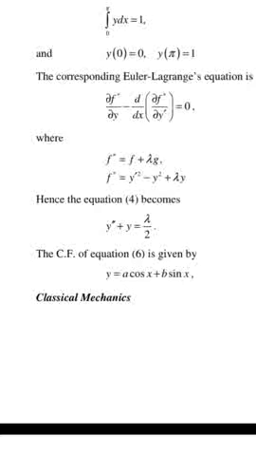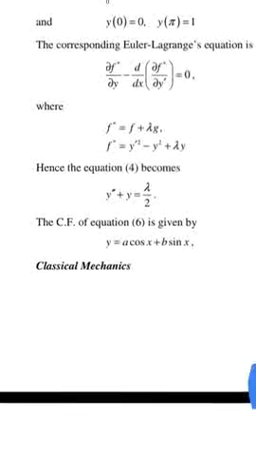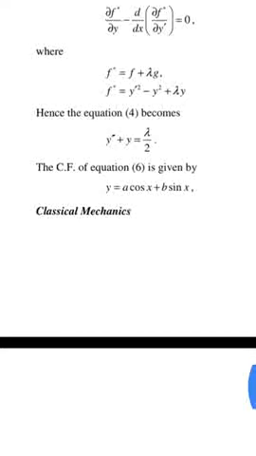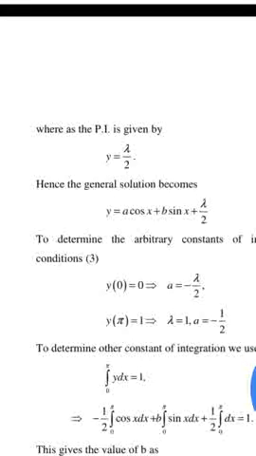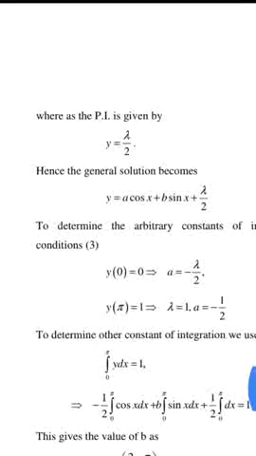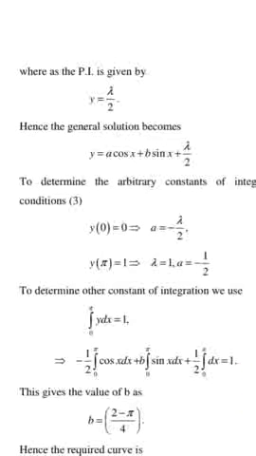Hence, the equation becomes y double dash plus y is equal to lambda by 2. Therefore, the complementary function is given by y is equal to a cos x plus b sin x, and a particular solution is given by y is equal to lambda by 2. Therefore, the general solution is y is equal to a cos x plus b sin x plus lambda by 2.